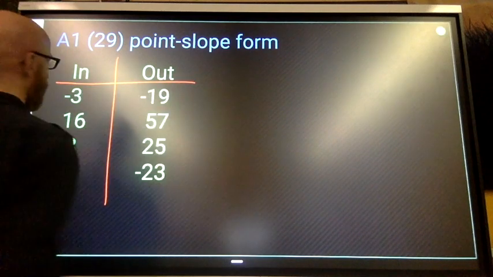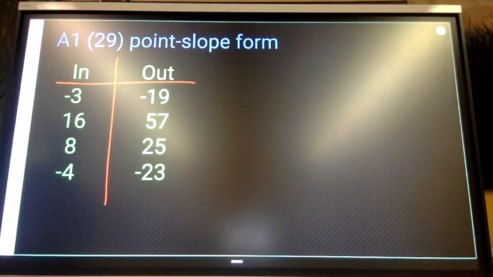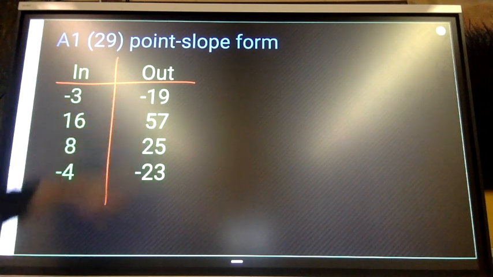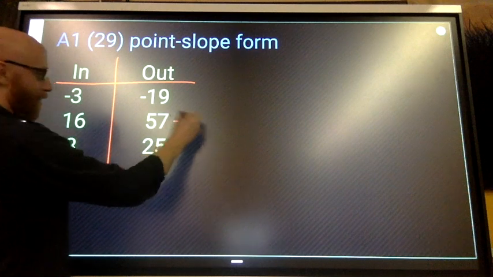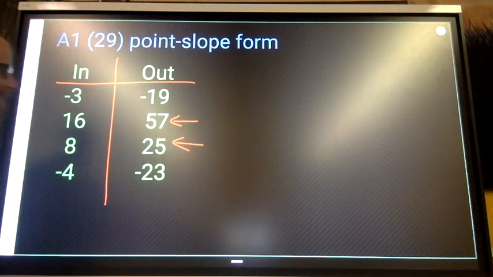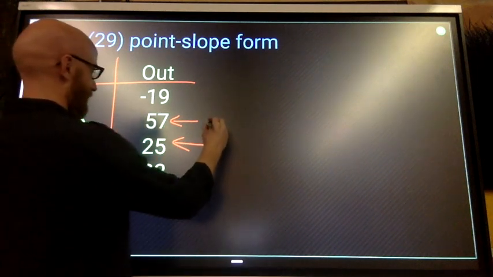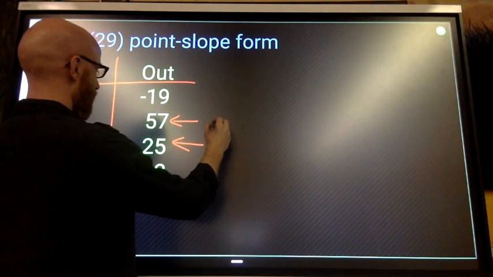Same as when we're dealing with slope. You want to pick 2 lines. My desire to pick small values is fighting with my desire to pick positive numbers. I'm probably going to use these 2 rows. So, distance from 25 to 57 is going to be 32.